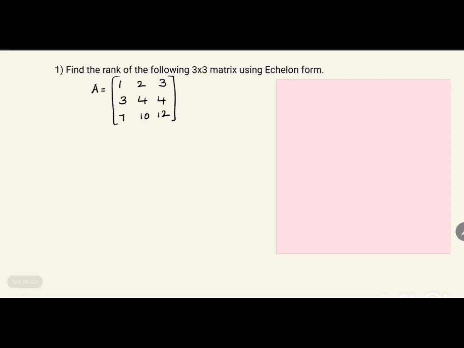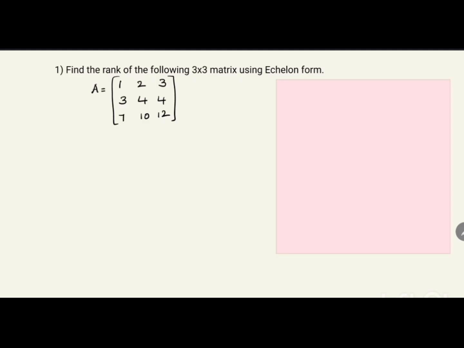Let's revise what echelon form actually is. Echelon form makes use of the concept called upper triangular matrix. That is, the elements which are present below the principal diagonal should be made 0. For example, I will explain here students.